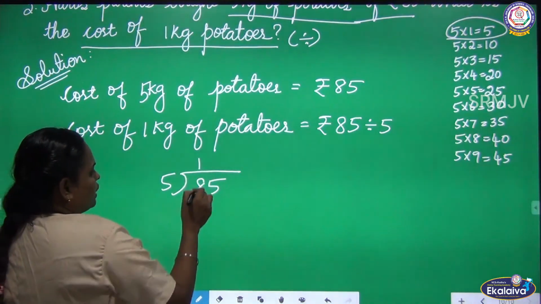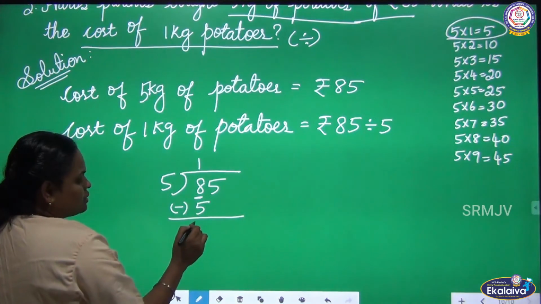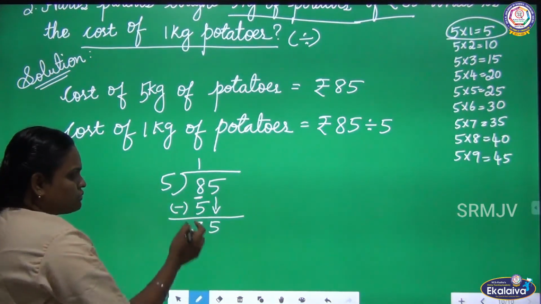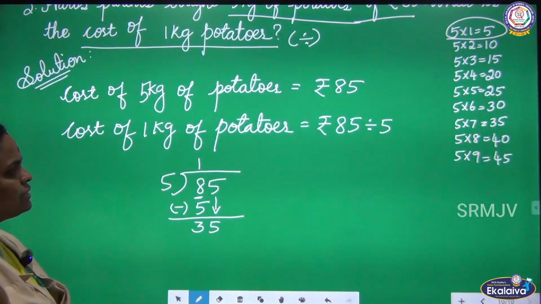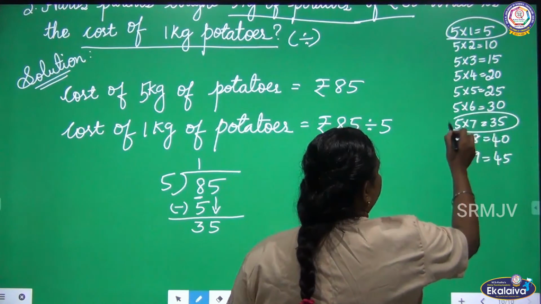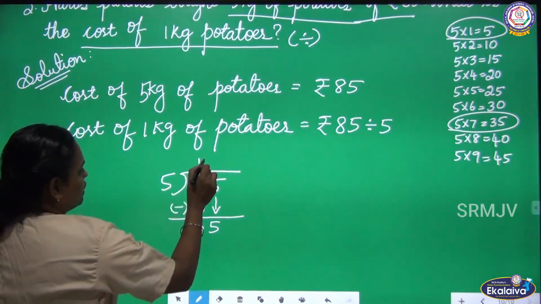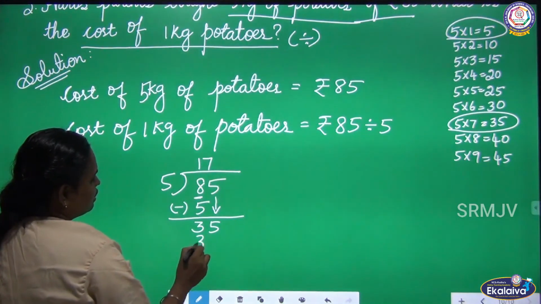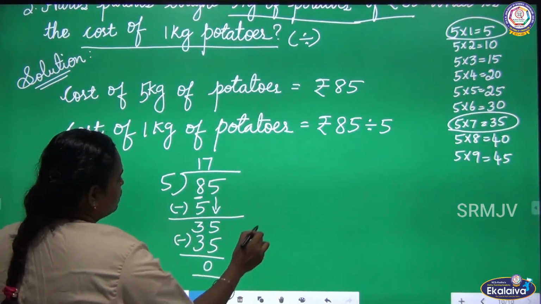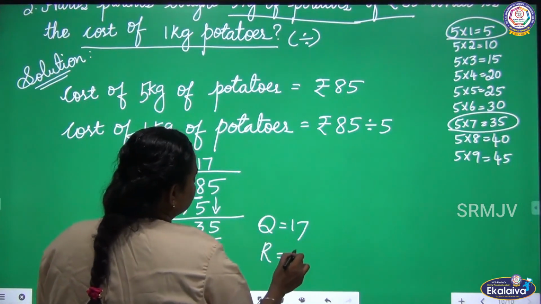So you can write 5 ones are 5. 8 minus 5 is 3. Next we'll bring down 5 here. So 35. How many times 5 in 35? 5 sevens are 35. So you can write 5 sevens are 35. 35 minus 35 is 0. So quotient is 17. Remainder is 0.